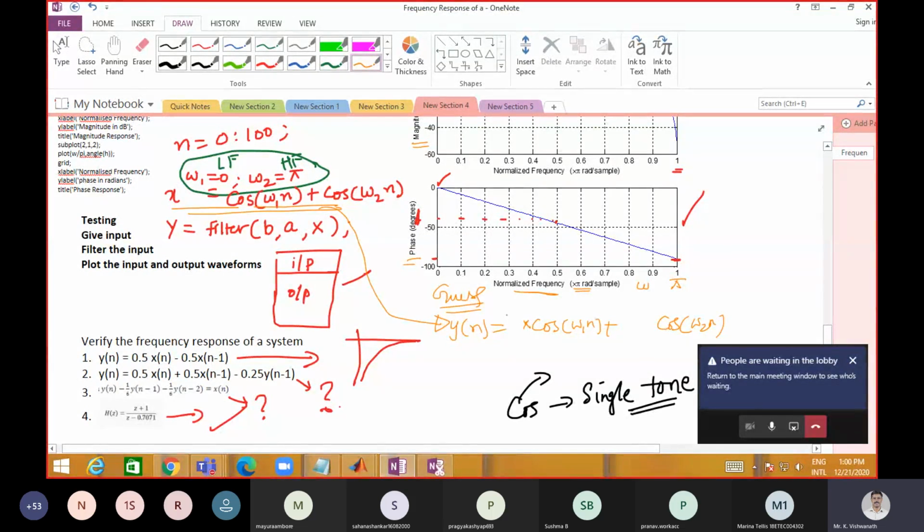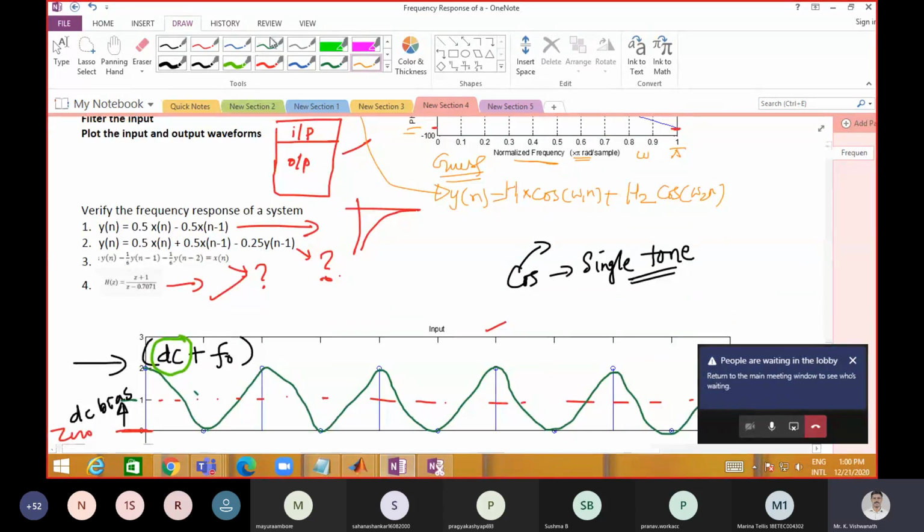That is the H of e power j omega. Here multiplication factor H1, here multiplication factor H2. But what is H1 and H2?